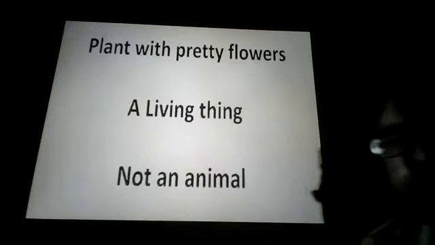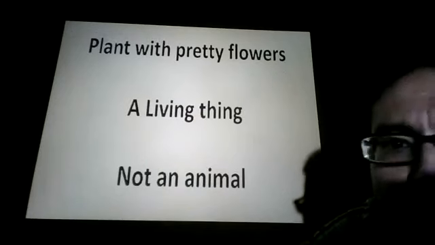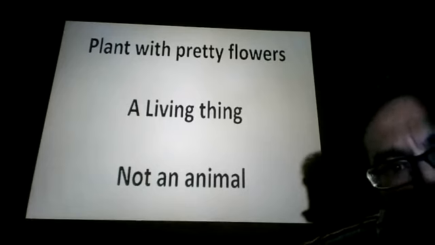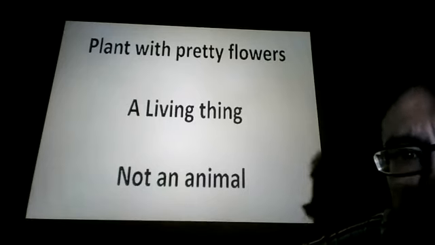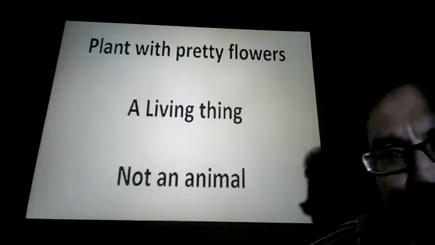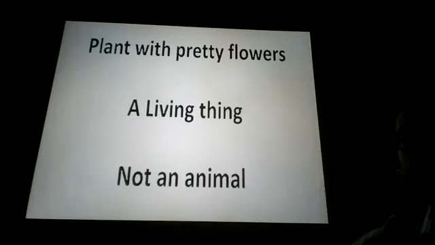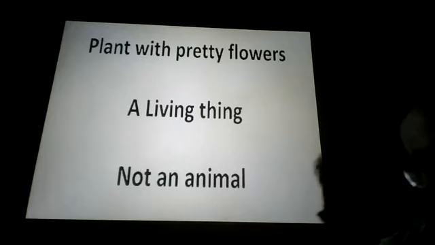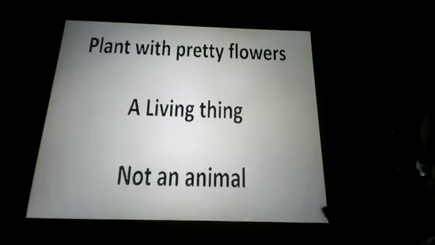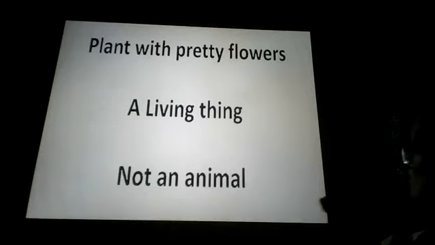Some of you guys are thinking, well, it's a plant with pretty flowers. Some of you are thinking it's a living thing. Others are thinking, well, clearly it's not an animal. And you're right. Whatever you thought, if it's one of these, you're correct. It's not an animal, it's a living thing, and it's a plant with pretty flowers. Okay?